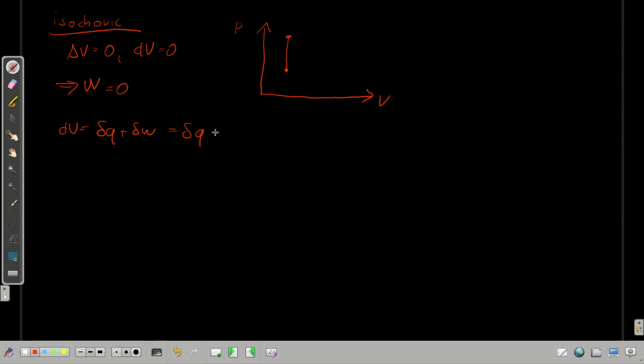And the change in inner energy can be written as follows: it's 3/2 nR times T final, or T2, minus initial, and this also equals the exchanged heat.